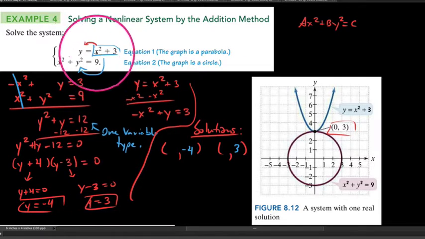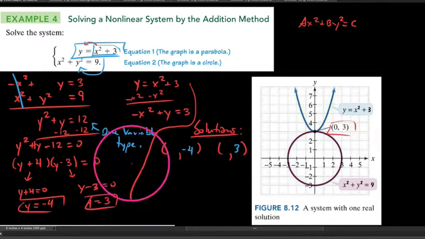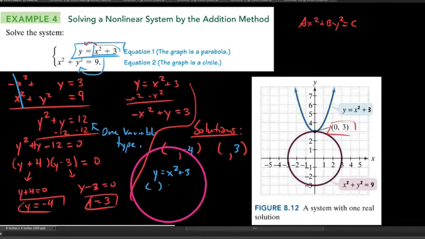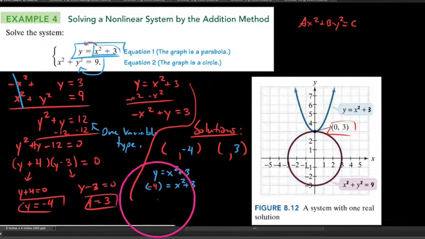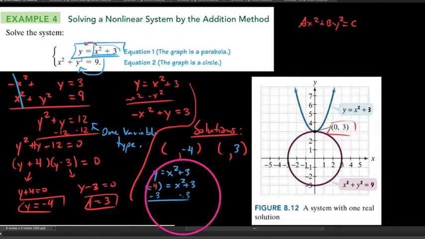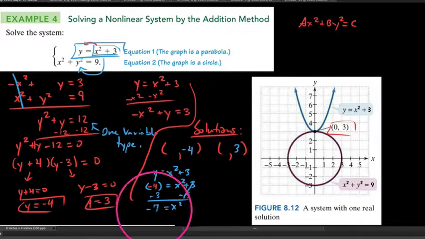Since I'm solving for x, let's plug it back into this equation here. We see that y equals x squared plus 3, where we're plugging in a negative 4 for our y value. Check this out. We would have to solve this using square roots. We subtract 3 from both sides and get x squared equals negative 7, and the natural next move is to take the square root of this.